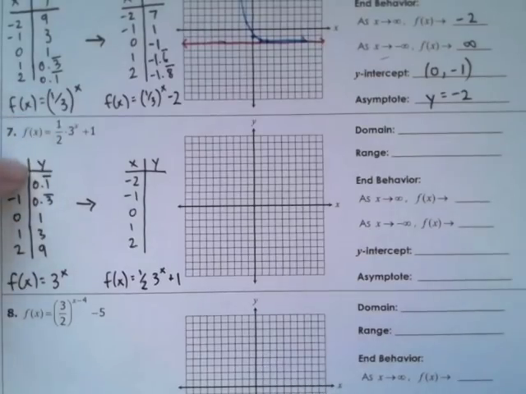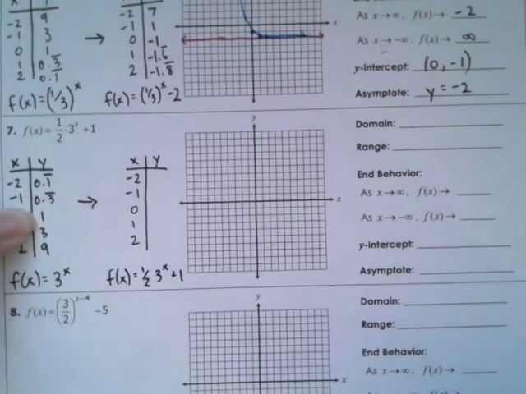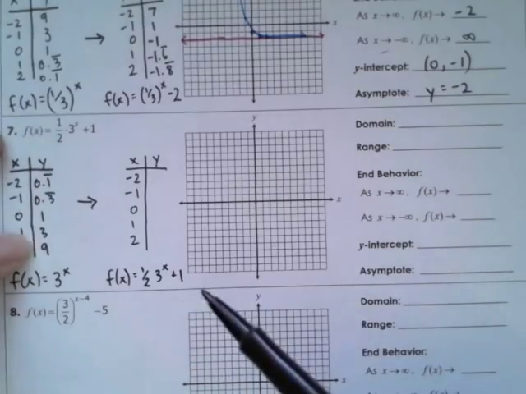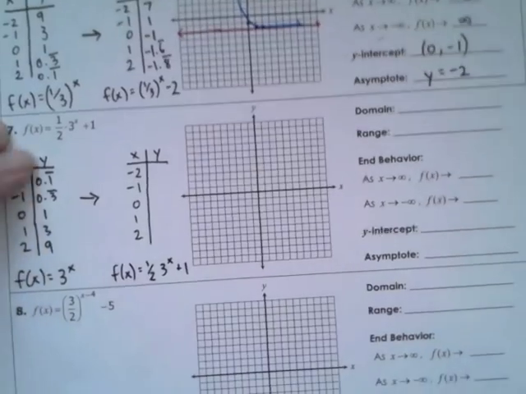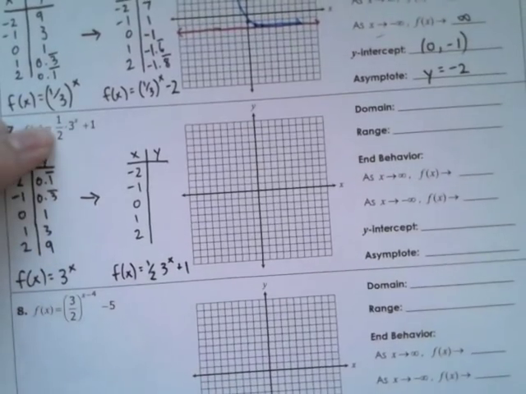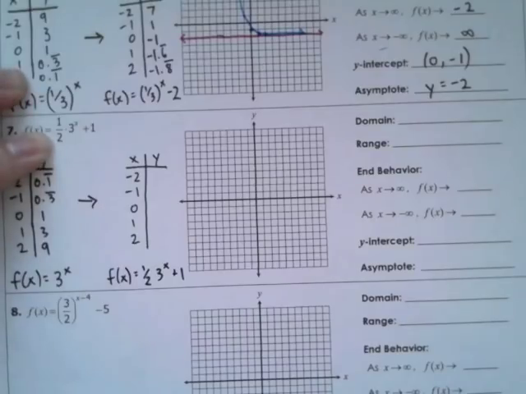So 0.1 becomes 0.05, 0.3 becomes 0.15, and it's a repeating decimal, so 1/6 if you round. 1 is 0.5, 3 is 1.5, and 9 is 4.5. That's all these values divided by 2, making them by half.